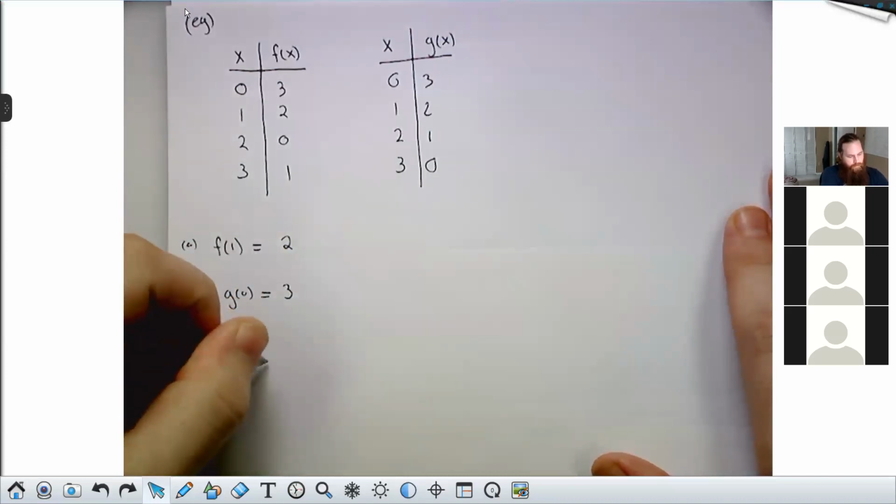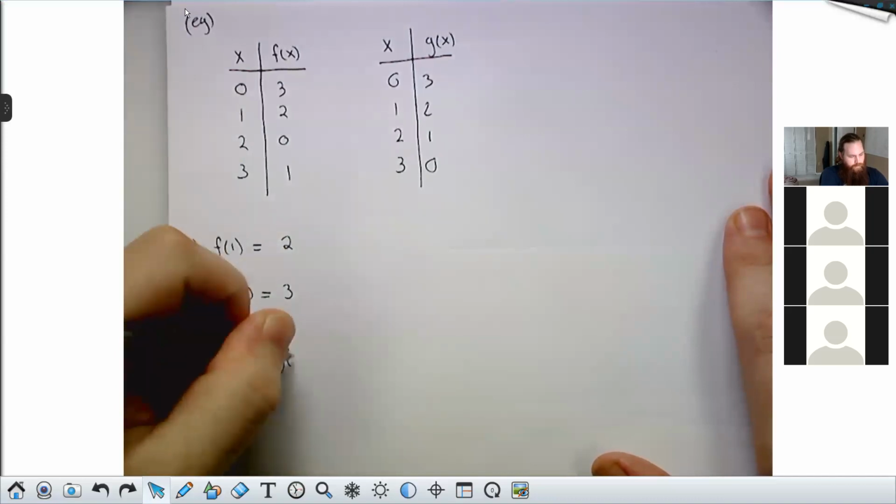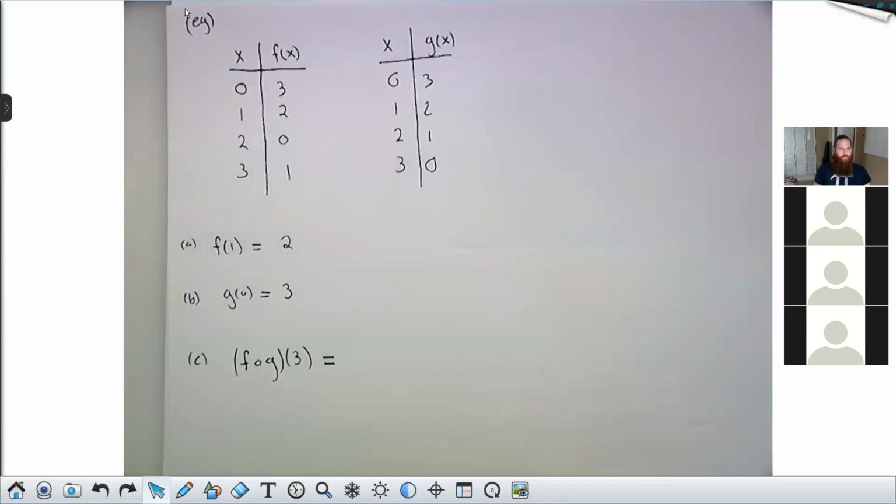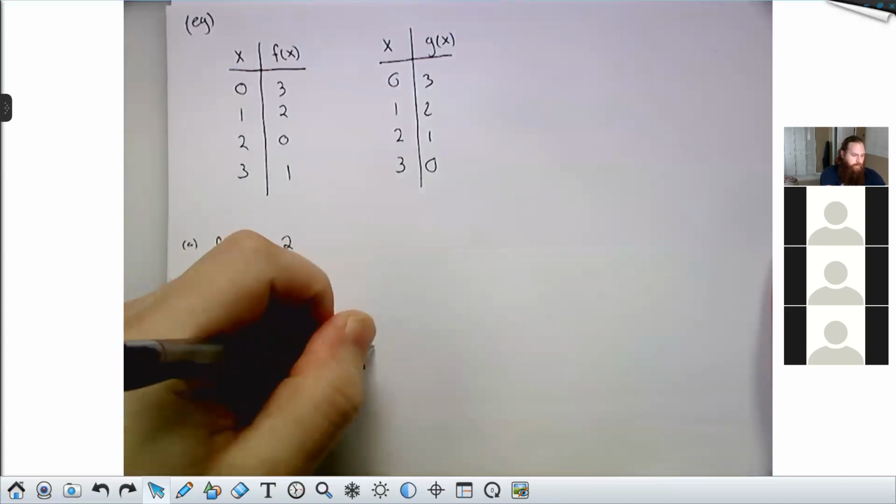What is f circ g of 3? How do I get started here? As with the other similar problems, we should start with the definition.